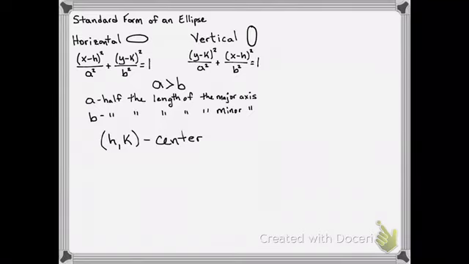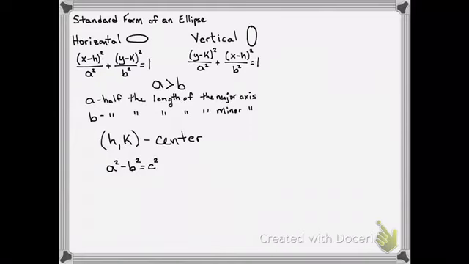We have a C value. It's not in the equation at all, but we can calculate C. It comes from the Pythagorean theorem. It looks like the Pythagorean theorem with one tiny little difference. A squared minus B squared ends up equaling C squared.